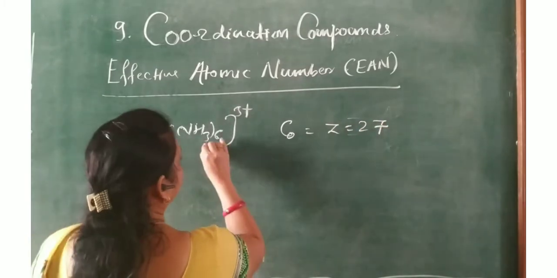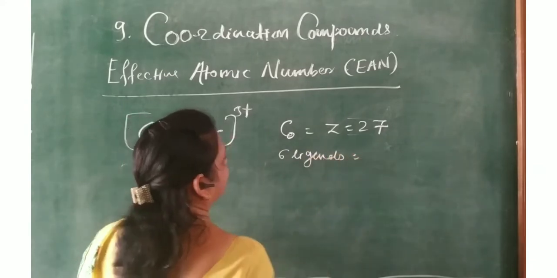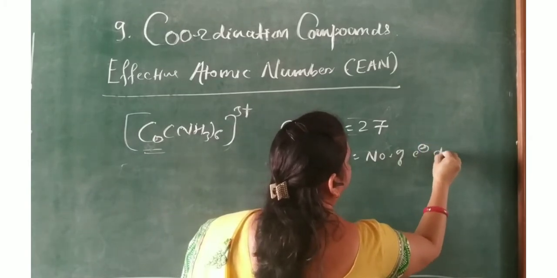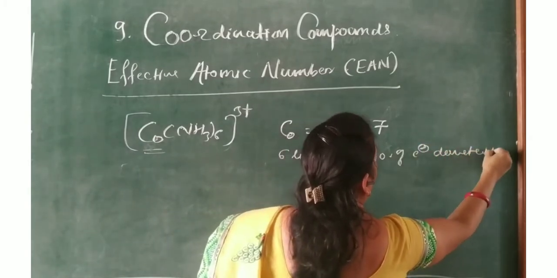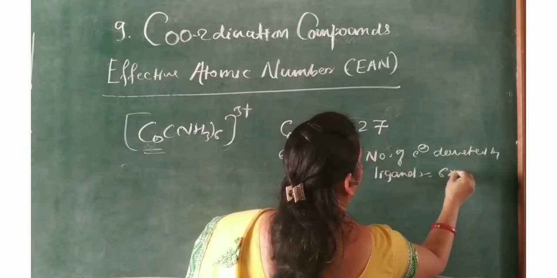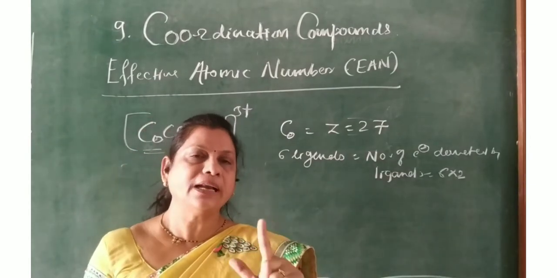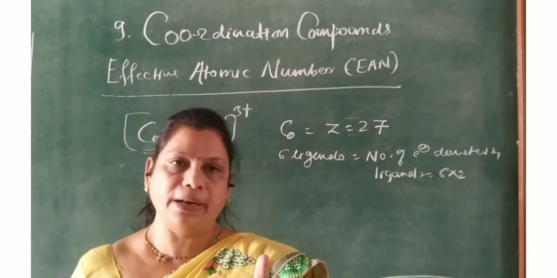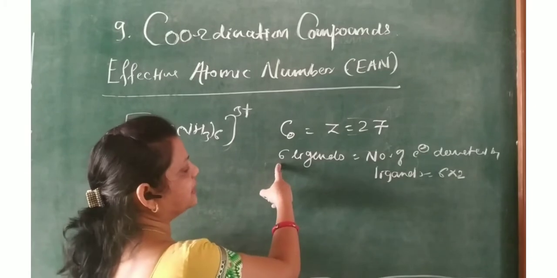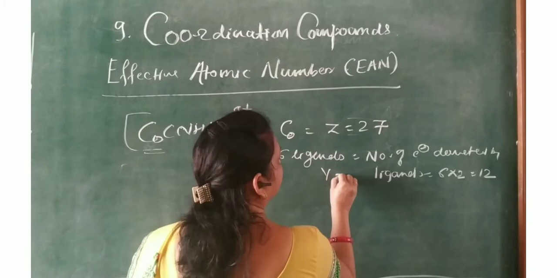There are 6 ligands, and each ligand contains a pair of electrons and donates one pair, that is 2 electrons per ligand. Therefore 6 into 2 is 12 electrons, so Y is equal to 12.